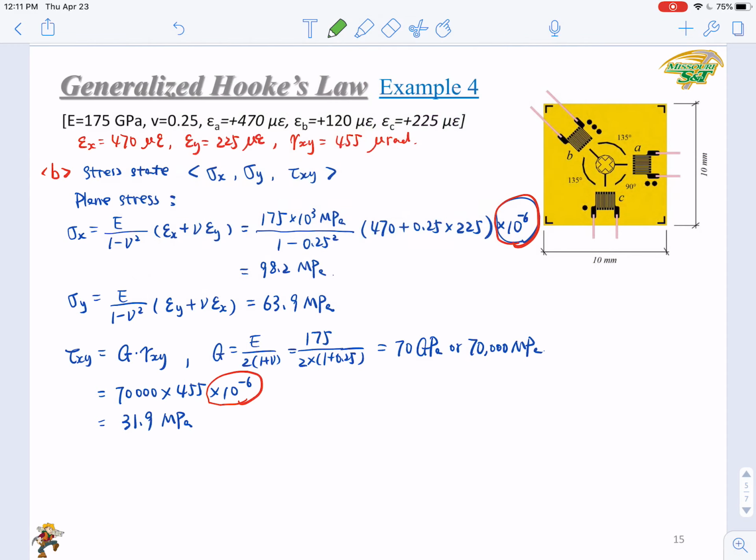Now we have determined these 3 components to define the stress state at this point along x and y directions. Here the sigma x is here, sigma y here, and tau xy here.